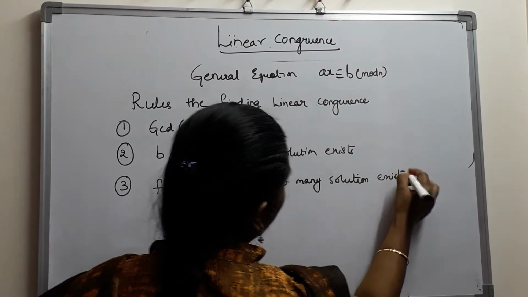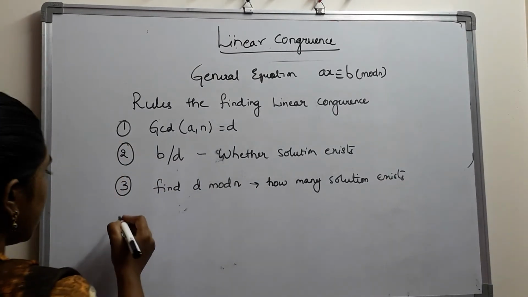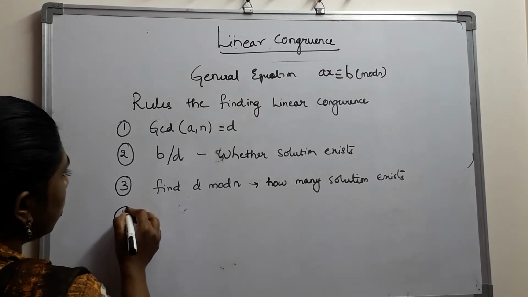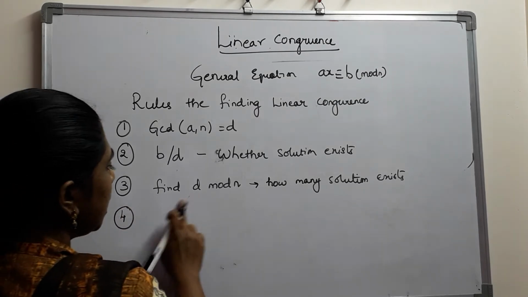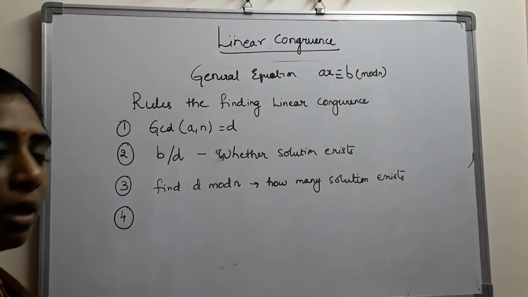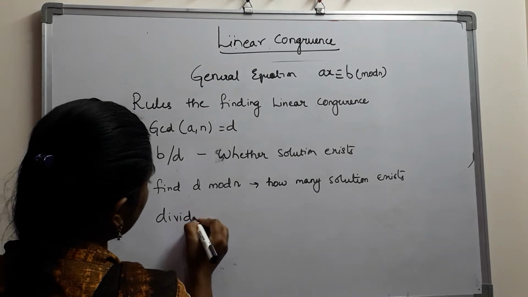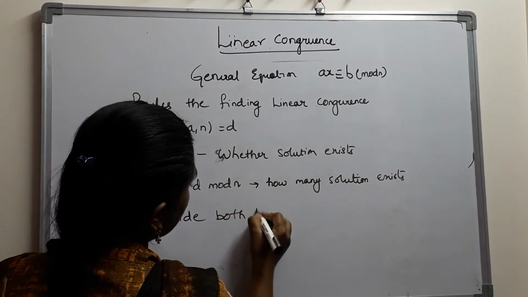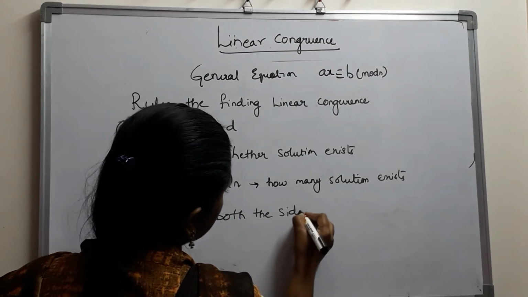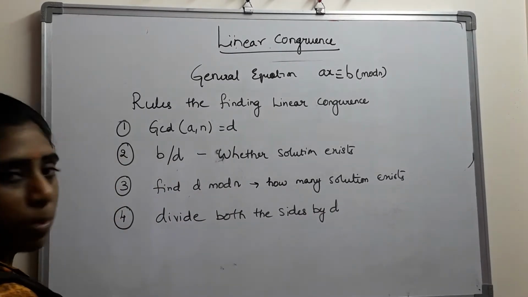Then coming to the fourth rule, once we have found the number of solutions, we divide both sides by D.